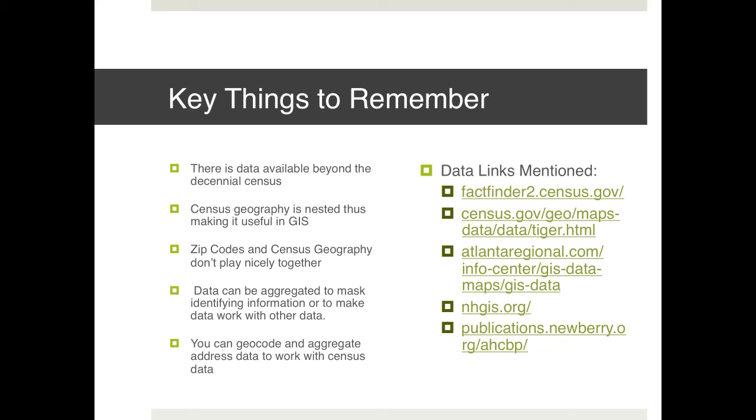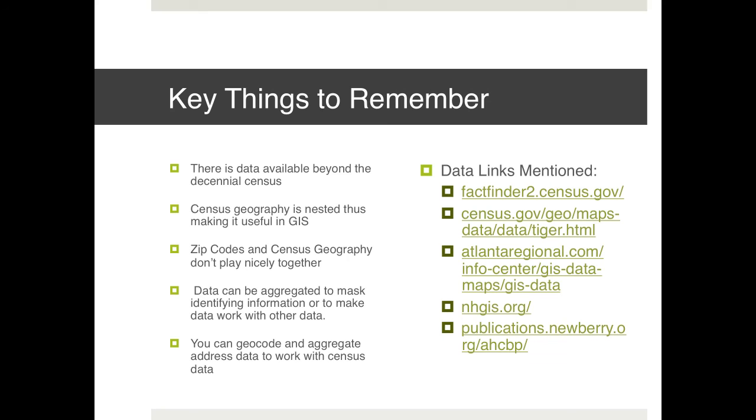So let's review the key things of census geography that we've just discussed. There is data available beyond the decennial census. Specialized censuses that have been taken can also give historical census information.